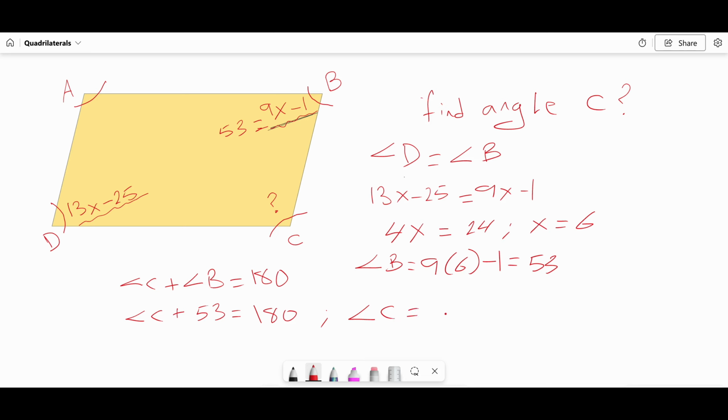Angle C is equal to 180 minus 53, and this gives us that angle C is equal to 127. This angle is equal to 127. And we know that in a parallelogram, opposite angles are equal, so we know also that this angle A is equal to 127.